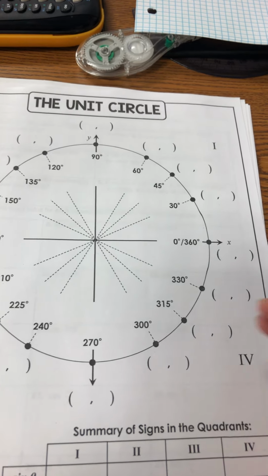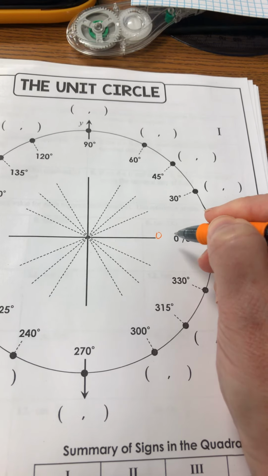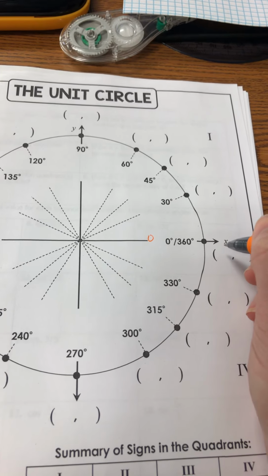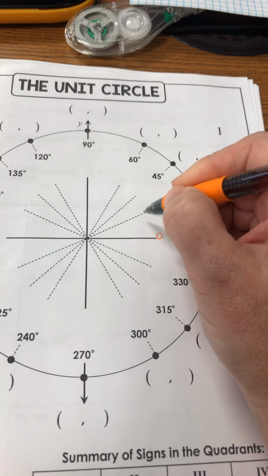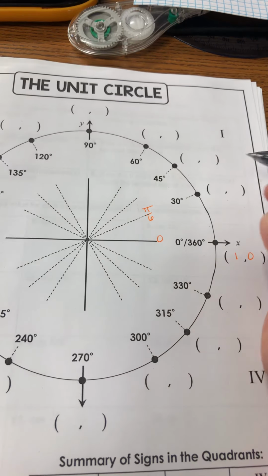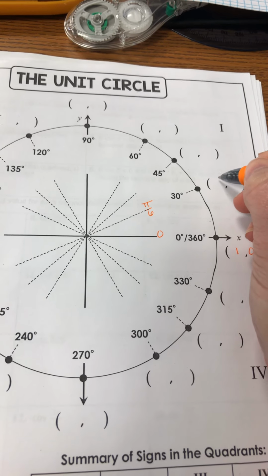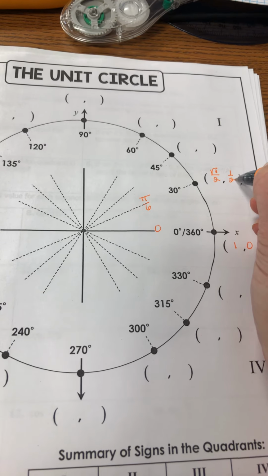Now for 0 and 360, we determined that it was 0 radians, and that the ordered pair was 1 and 0. Now for 30 degrees, that's going to be pi over 6, and the ordered pair was the square root of 3 over 2 and 1/2.